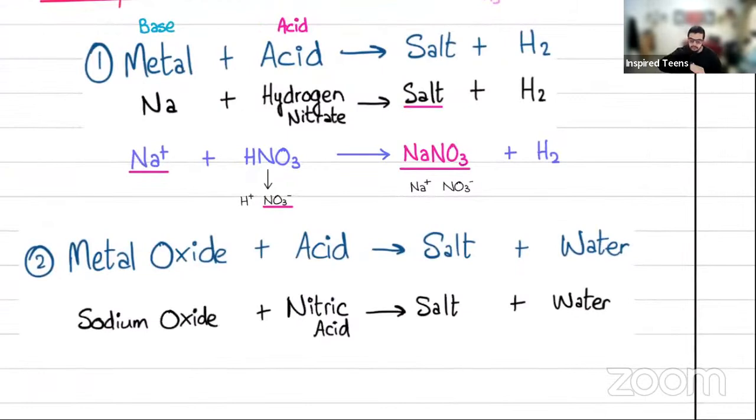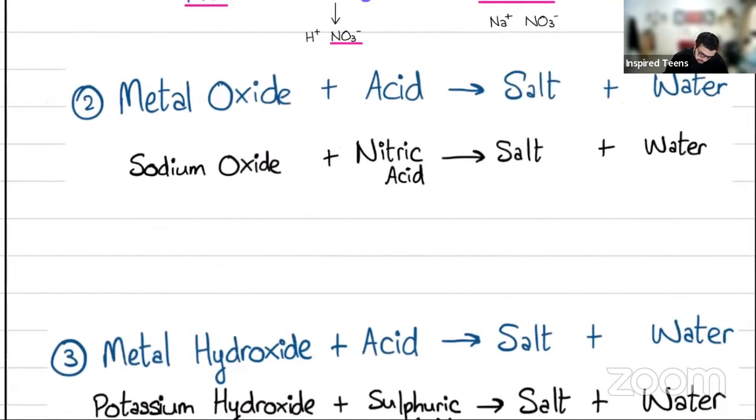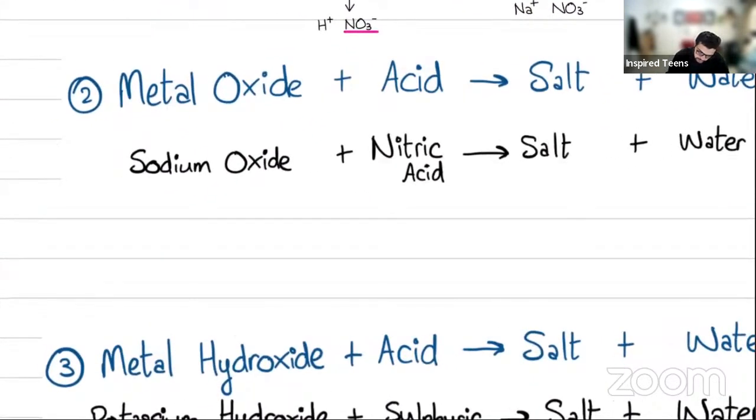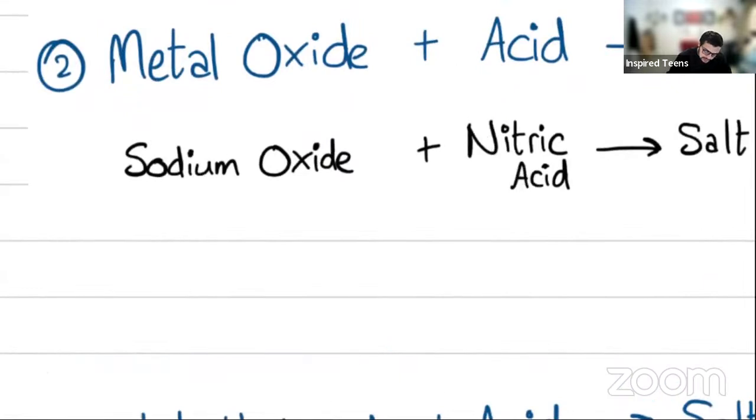Let's do one more example quickly. Okay, we won't, but we'll just write out this equation because time is up. Sodium oxide is just an example of a metal oxide. Sodium oxide is made up of Na plus and O2 minus.